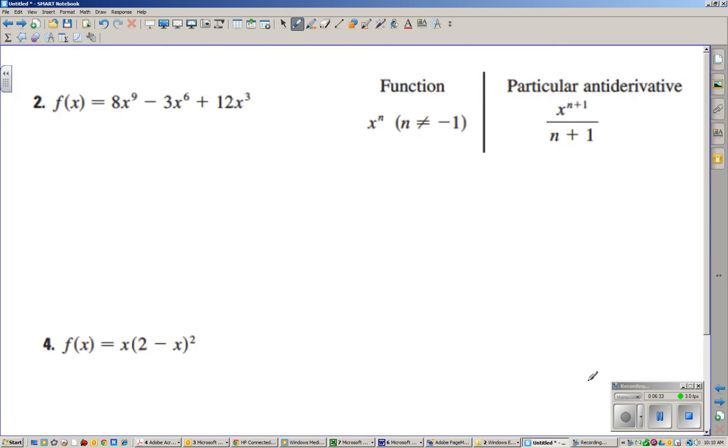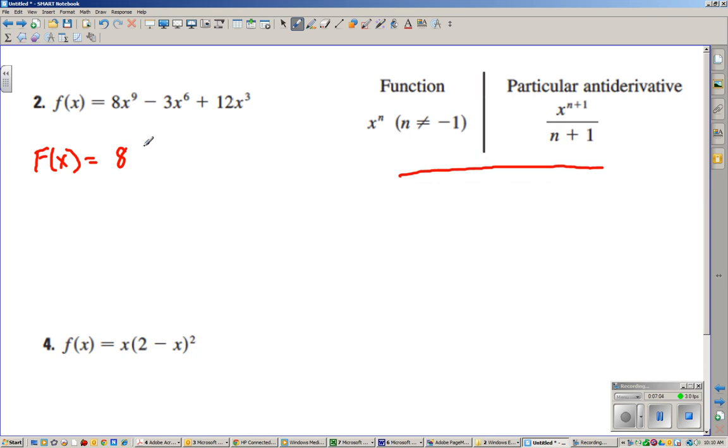The first two are using this reverse power rule. And over on the right side here, I've reproduced that little portion of the table. This one says, if we want to find the antiderivative of 8 times 9 to the x, it would be just this simple. The 8 would remain.